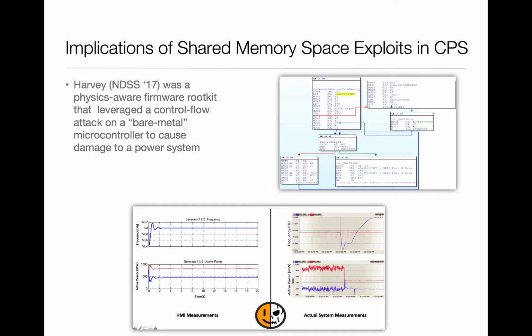In our paper, we attacked a generator, and we were able to spoof measurements being reported to the operator while driving the generator to unsafe limits. But this was all enabled because these controllers had one slab of memory space on their microcontroller, and by exploiting one aspect of the firmware, you're able to write and intercept the communication to the GPIOs.